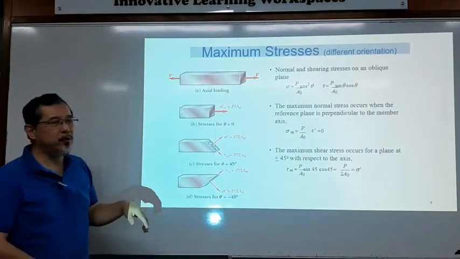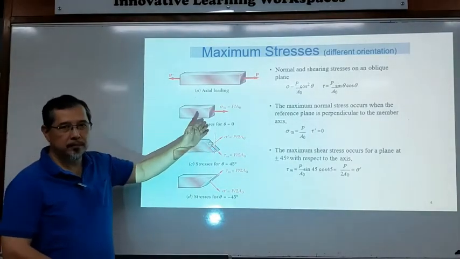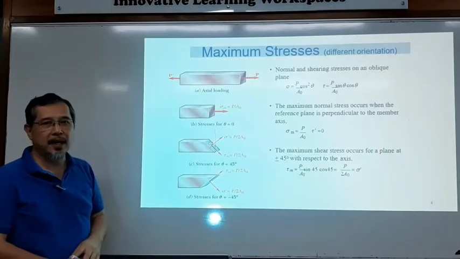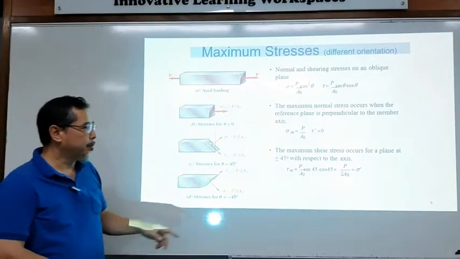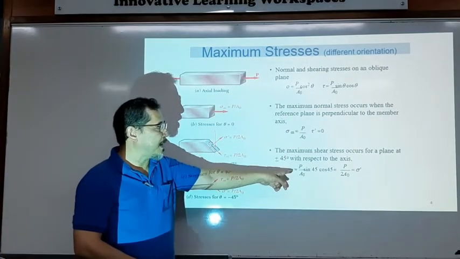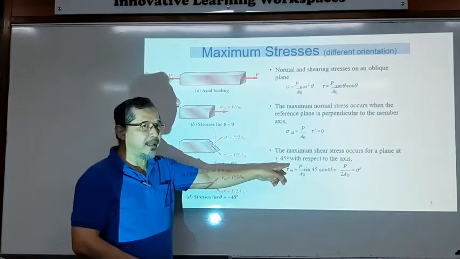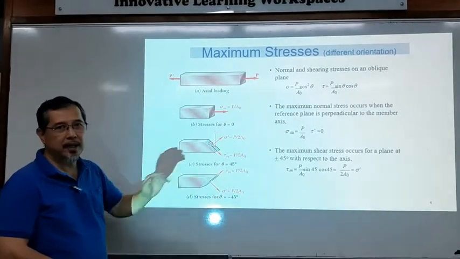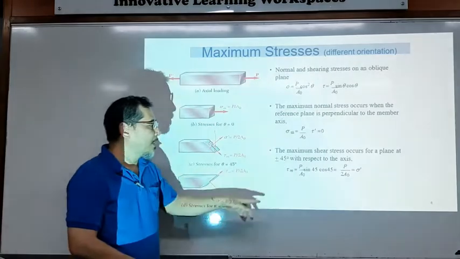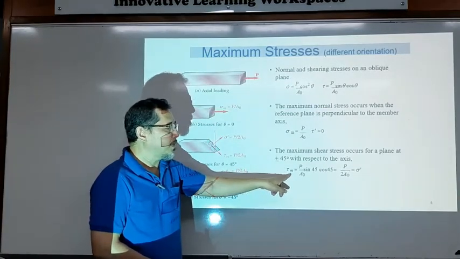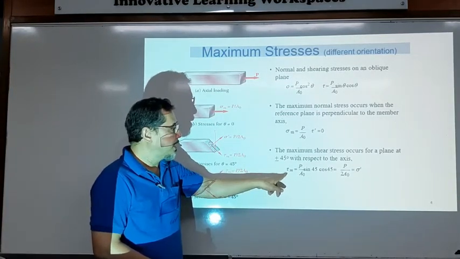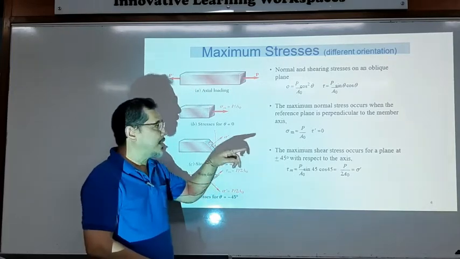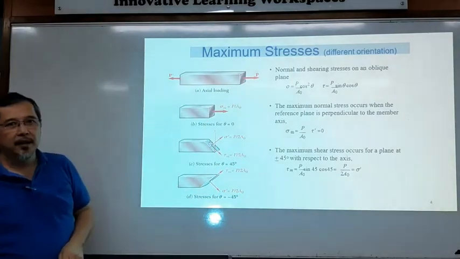But as we shift the plane around with various values of theta, we will find that at 45 degrees from the axis, counterclockwise or clockwise, tau is maximum. Tau is maximum when the angle theta is 45 degrees for a uniaxial loading.